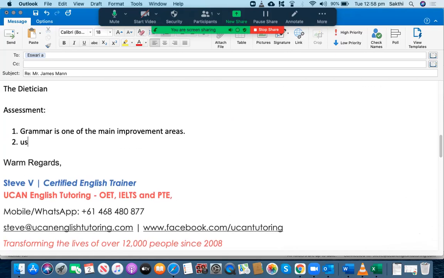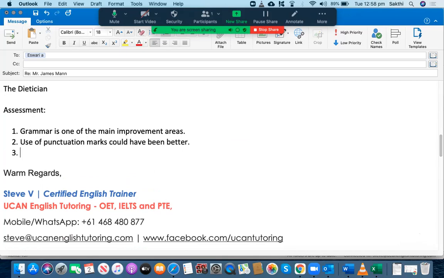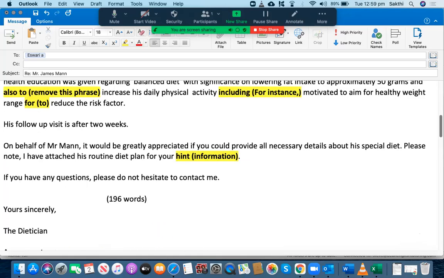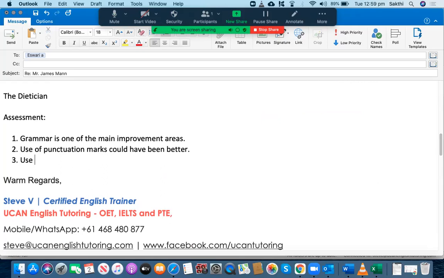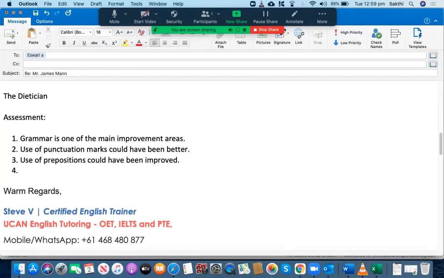Use of punctuation marks could have been better, because she used lots of punctuation marks such as commas unnecessarily, so it's not needed. All right, and then use of prepositions could have been improved as well. It's not that good.